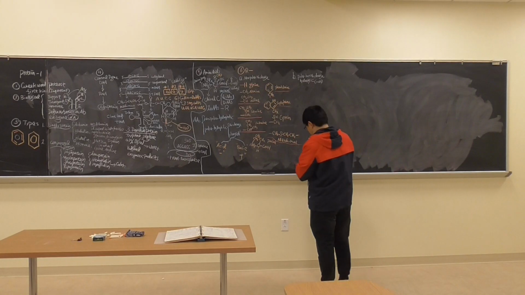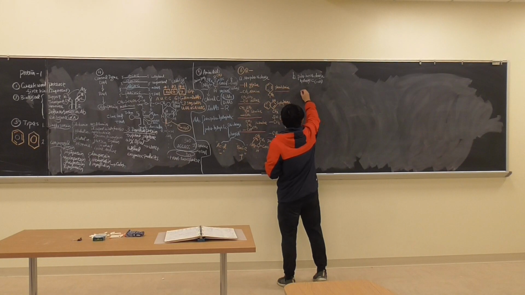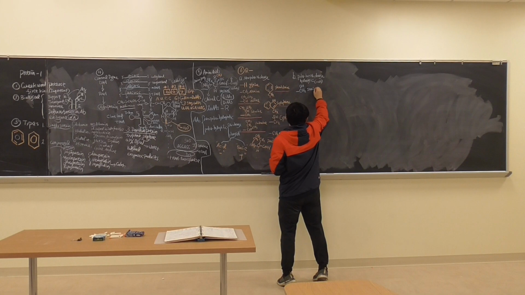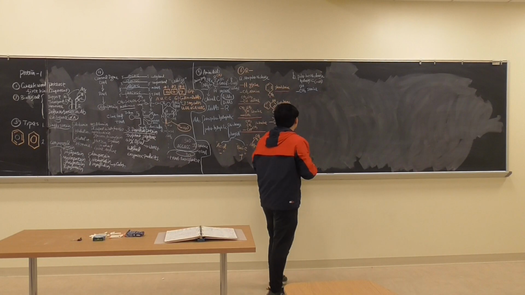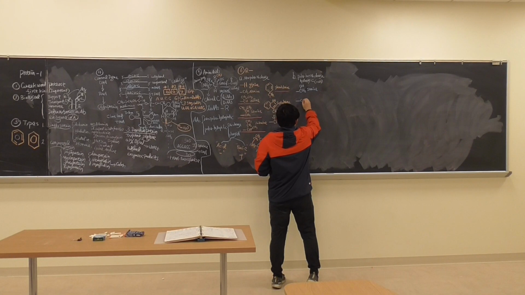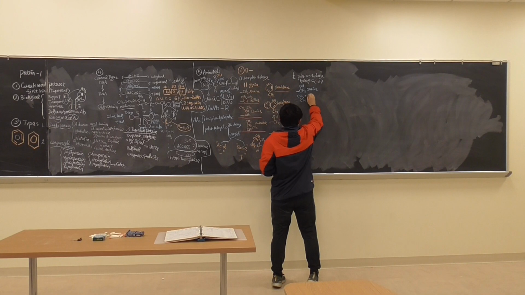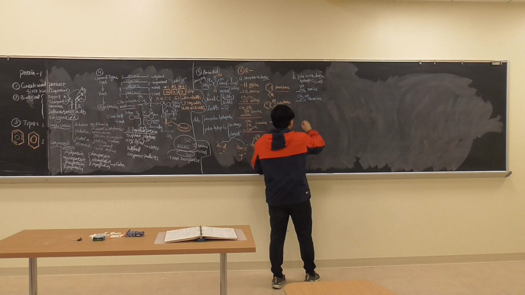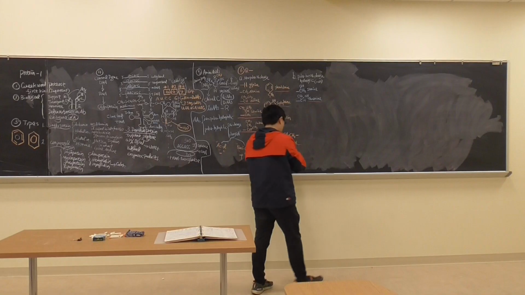So the second group is CH2OH. That is serine. And then we have CH3OH. That is called threonine. I don't know the reason, but it is an essential amino acid.